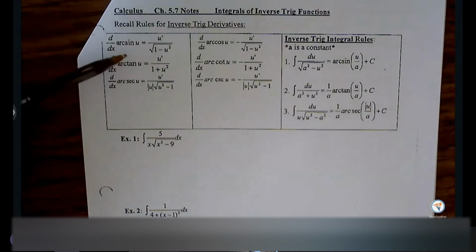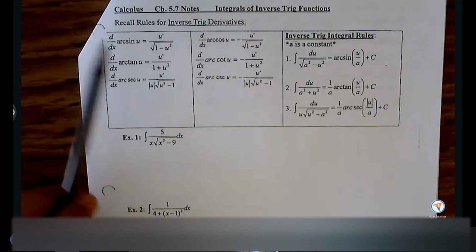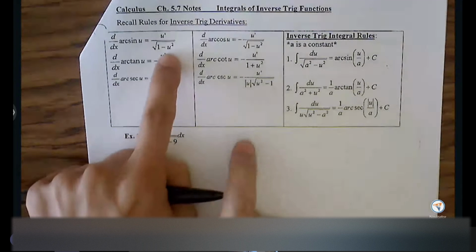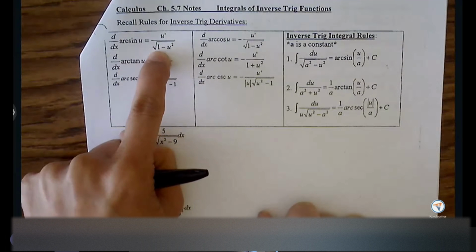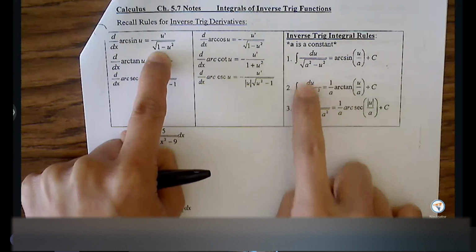Okay. So first semester, we learned about arctrig derivatives: arcsine, arctangent, arcsecant. And what we're going to do is basically move backwards from these rules. There's a slight difference because instead of just 1, now we have a constant that may be other than 1.